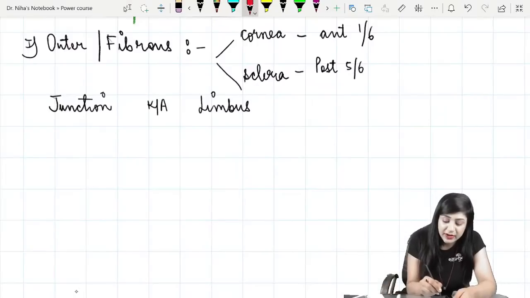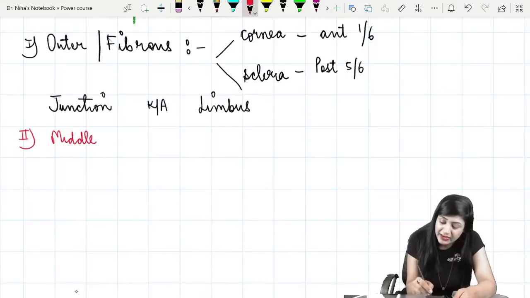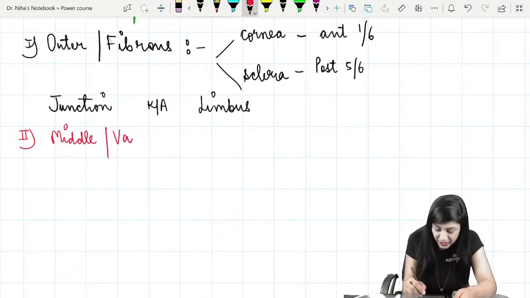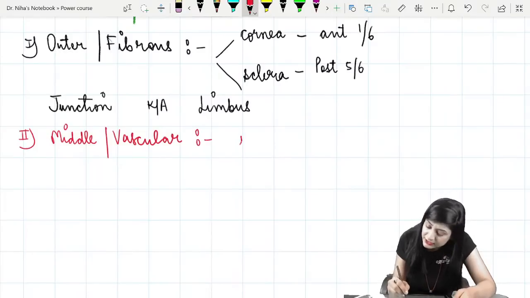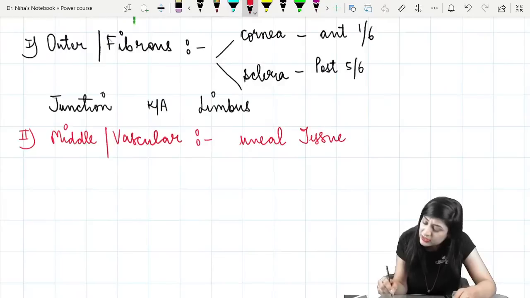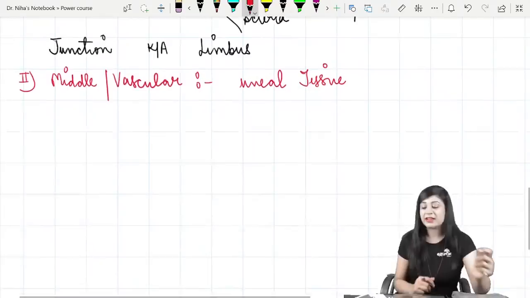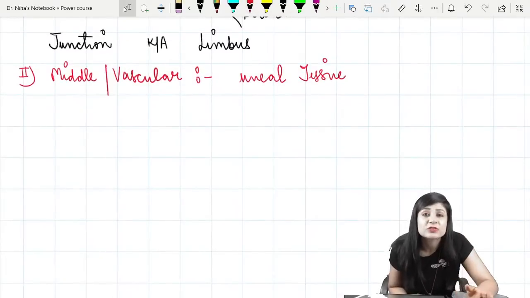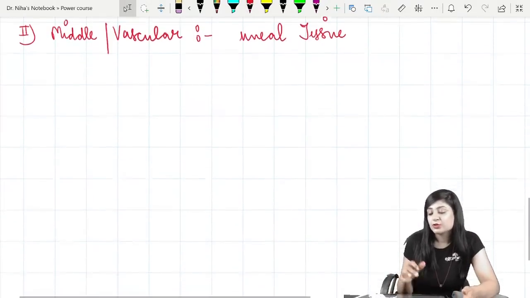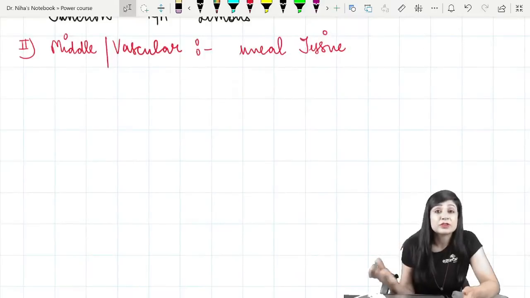Then the second is the middle coat. Middle coat we will write with the red color, the vascular one, vascular or the middle coat, which consists of uveal tissue. You also write it with the red color, because it is vascular, giving the blood supply. So we will try to create the visual memory.